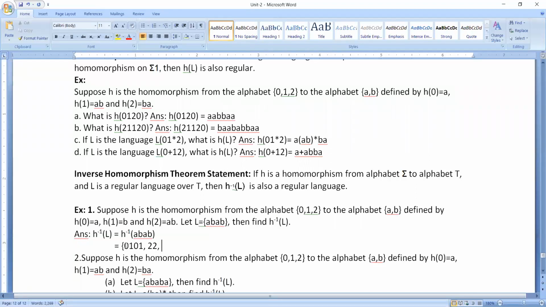When we concatenate the homomorphic values of this 2, it will automatically produce the required string abab. H of 2 is ab. Now I am writing H of 2 two times. Then H of 2 followed by H of 2 will result in abab. So this is also going to be a correct answer for us.